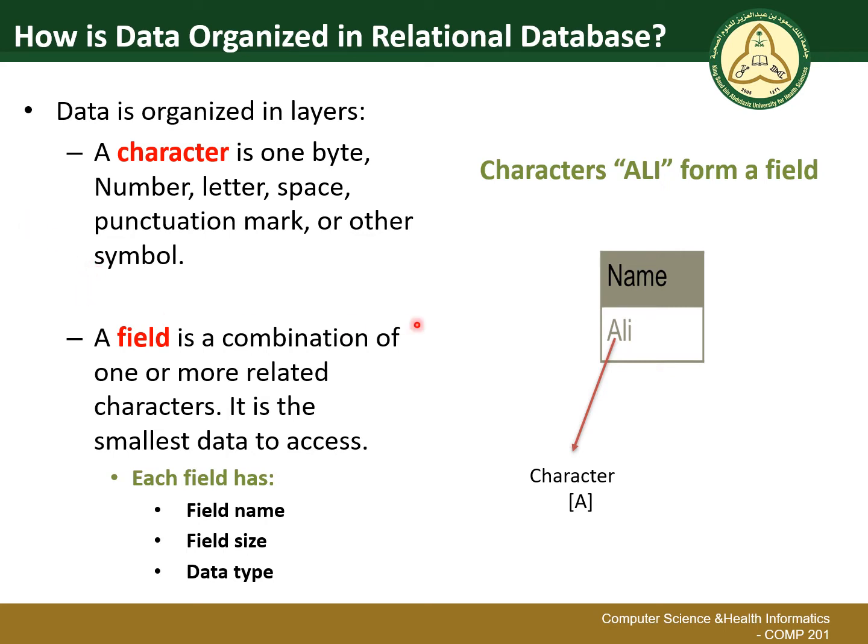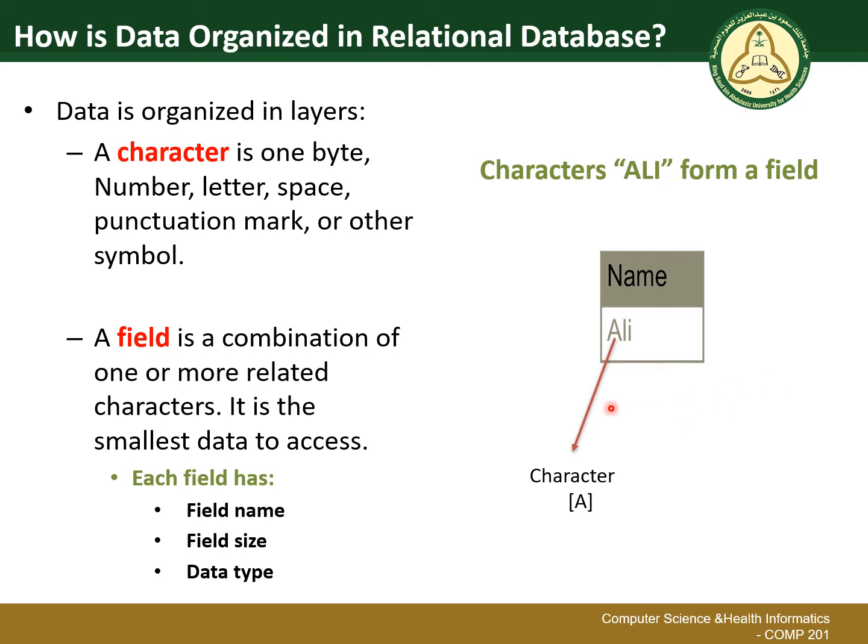For example, here the name Ali consists of 3 characters. A is a character, L is a character, and I is the third character.